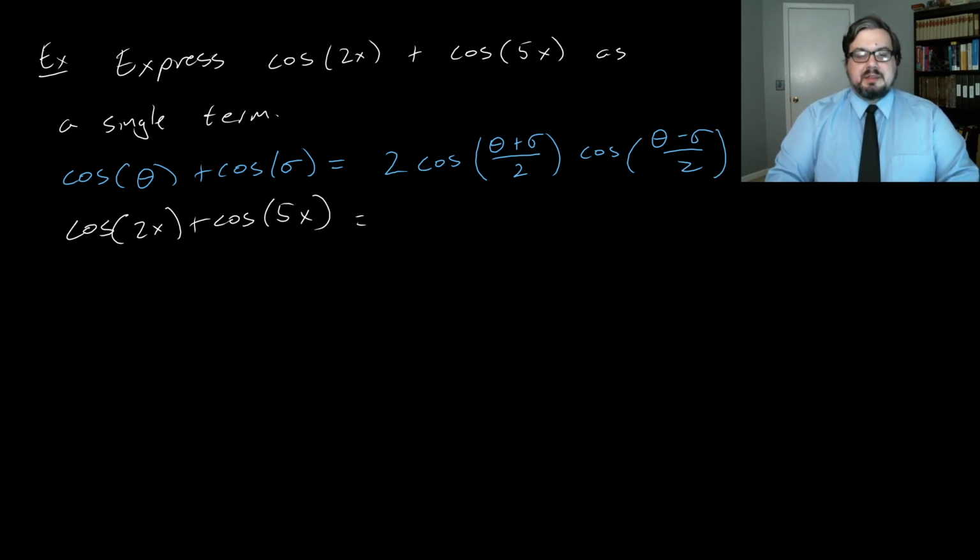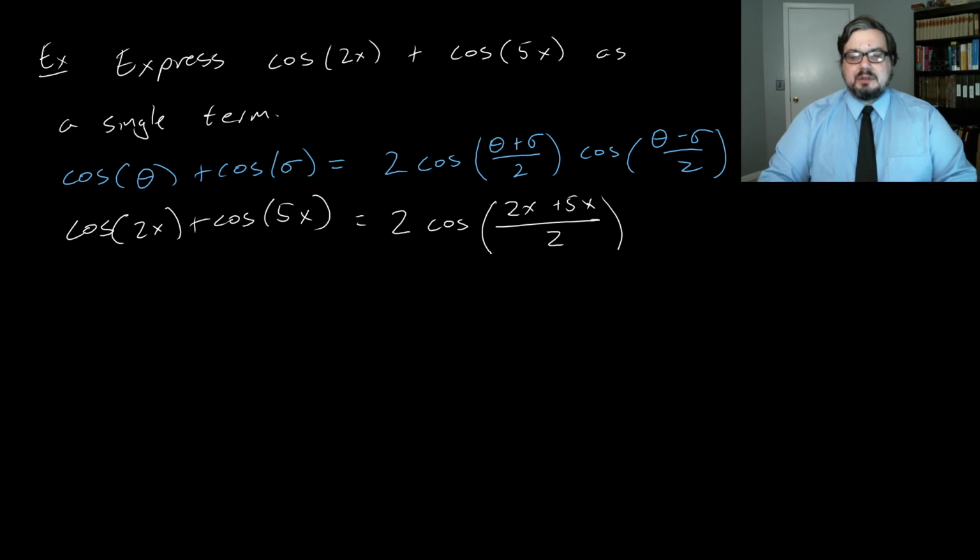So this is going to give us 2 times cosine of, now theta here is 2x, sigma is 5x, and we're dividing by 2, and then cosine of 2x minus 5x over 2.